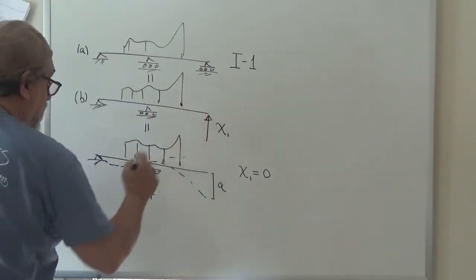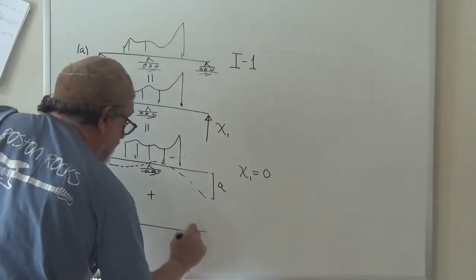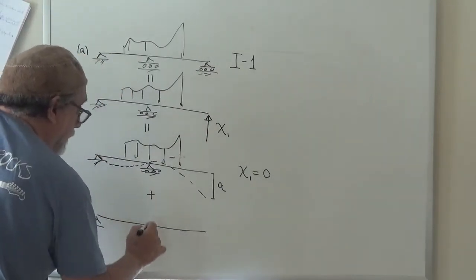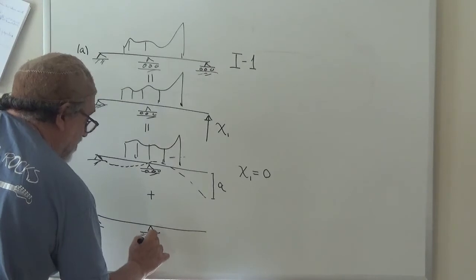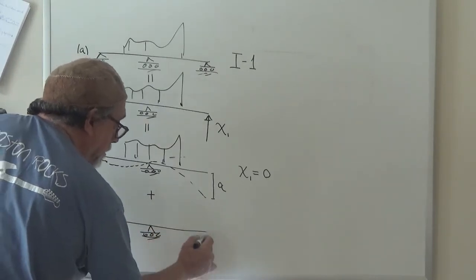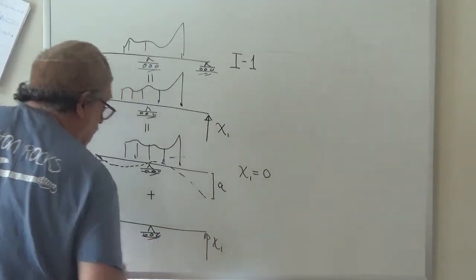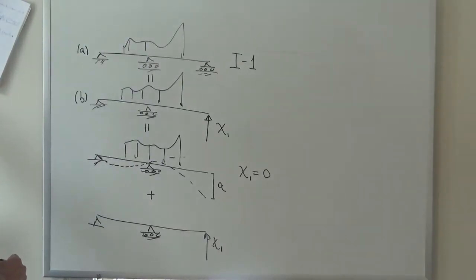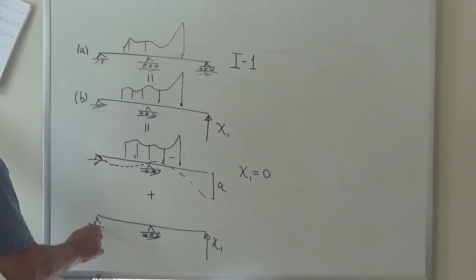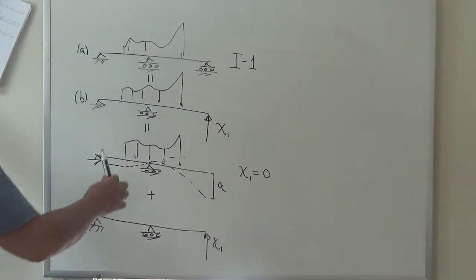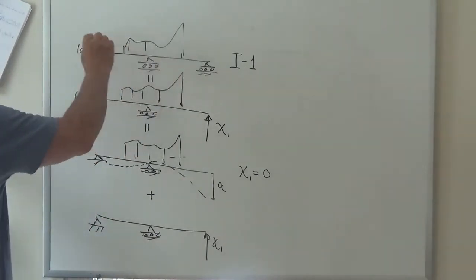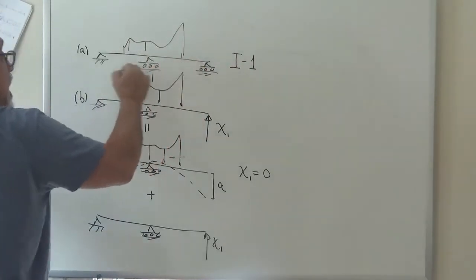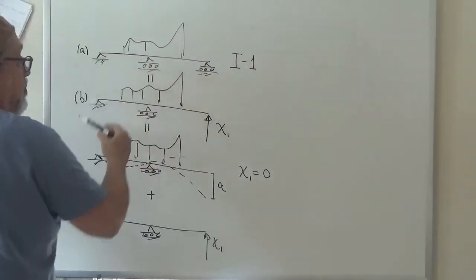So this is equal to this plus, right? In this part we had no x1. Therefore, we must add the effect of x1, right? Notice that this is the real thing. Let's start again. This is the real thing. I just identified that it was indeterminate to the first degree.